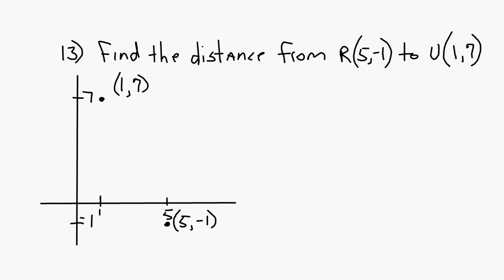We're looking for the length of this segment. Who can tell me what to do next? Exactly, turn it into a right triangle. So we're going to bring down this vertical. And then we're going to connect it over here to 5, negative 1. And we're going to make it a right angle.